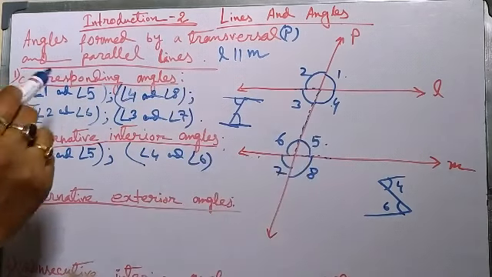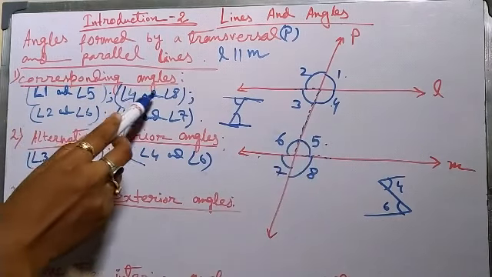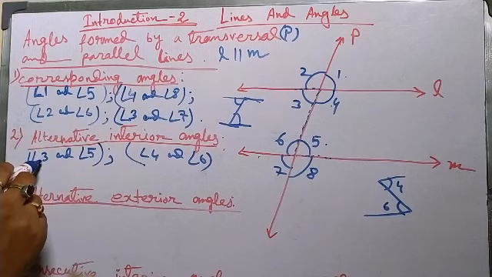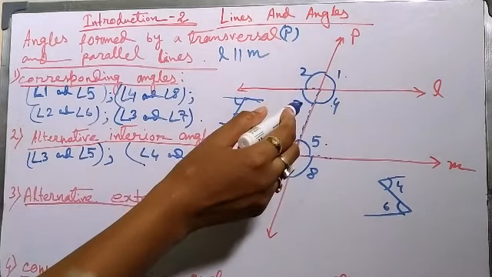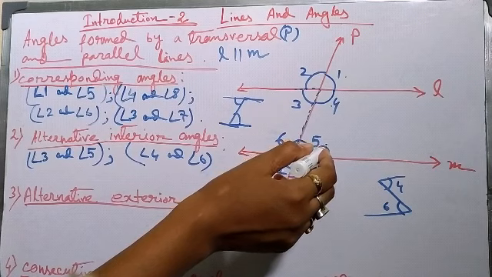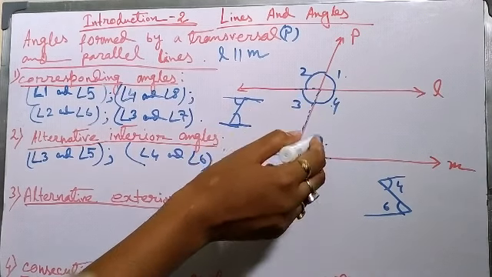So 1 and 5, 4 and 8, and angle 2 and angle 6 are all equal. Here for alternative interior angles 3 and 5, if angle 3 is 70 degrees, angle 5 will also be 70 degrees.